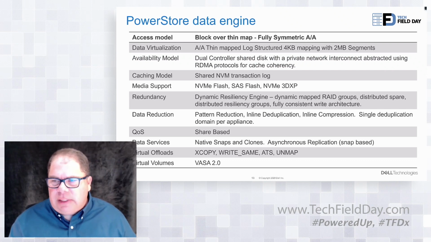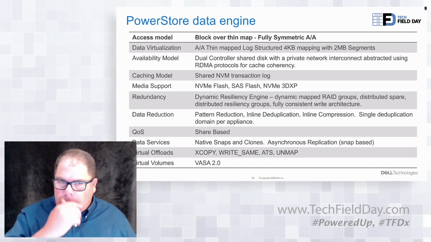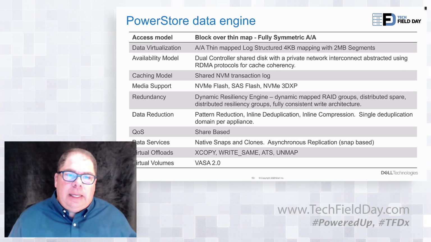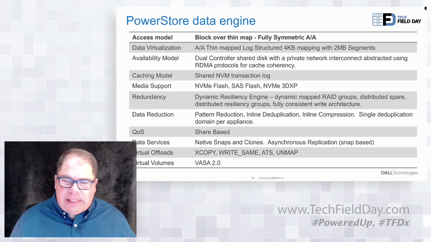One of the biggest differences is that it's a log structured file system, or log structured storage system. It uses a 4 kilobyte granular mapping, and it always writes fully consistent. When we lay down data on the back end, we lay down full 2 meg stripes, and that data is fully packed.